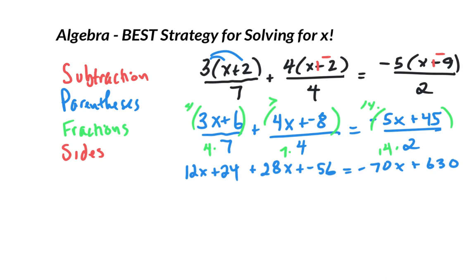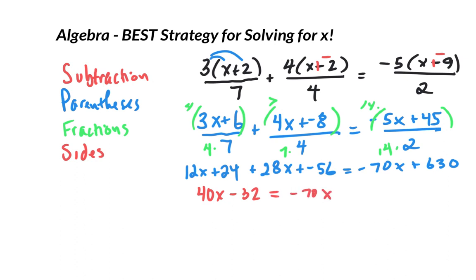So you'll notice I have a 12x plus 28x. That makes a total of 40x. I have a 24 plus a negative 56, so like the opposite of 56. So it's 24 minus 56, it's minus 32. The other side is already simplified.